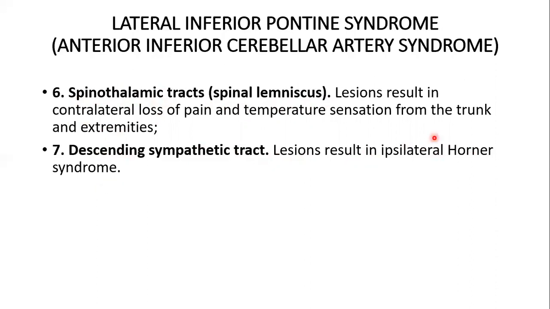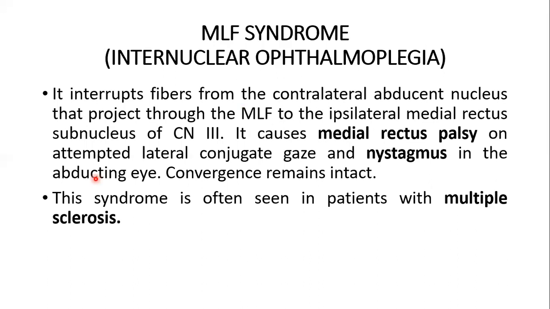The symptoms were discussed over here. So that is the internuclear ophthalmoplegia, the MLF syndrome. The medial longitudinal fasciculus is interrupted and paralyzed. Its fibers interrupt the contralateral abducent nucleus fibers that project through the medial longitudinal fasciculus to the ipsilateral medial rectus subnucleus of cranial nerve three, the oculomotor nerve.